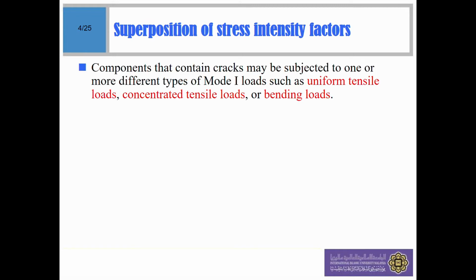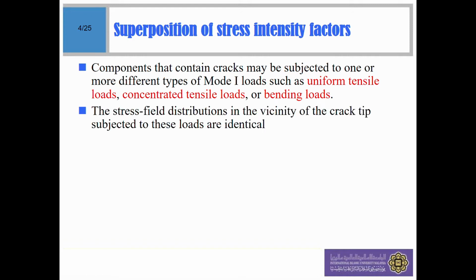Components that contain cracks may be subjected to one or more different types of mode 1 loads, such as uniform tensile loads, concentrated tensile loads, and the last one, bending loads. The stress field distributions in the vicinity of the crack tip subjected to these loads are identical.